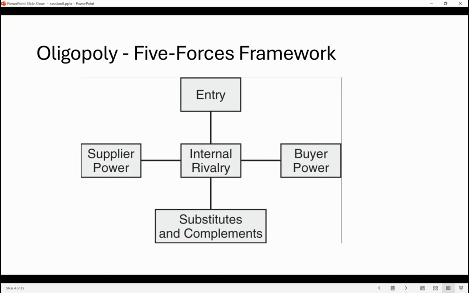The next one is market entry. To what extent are outside firms free to enter a market if they feel that there would be an opportunity for them, right? For example, in perfect competition, there is no restriction and they can freely enter the market, but in monopoly, there's a complete restriction and they cannot enter the market.